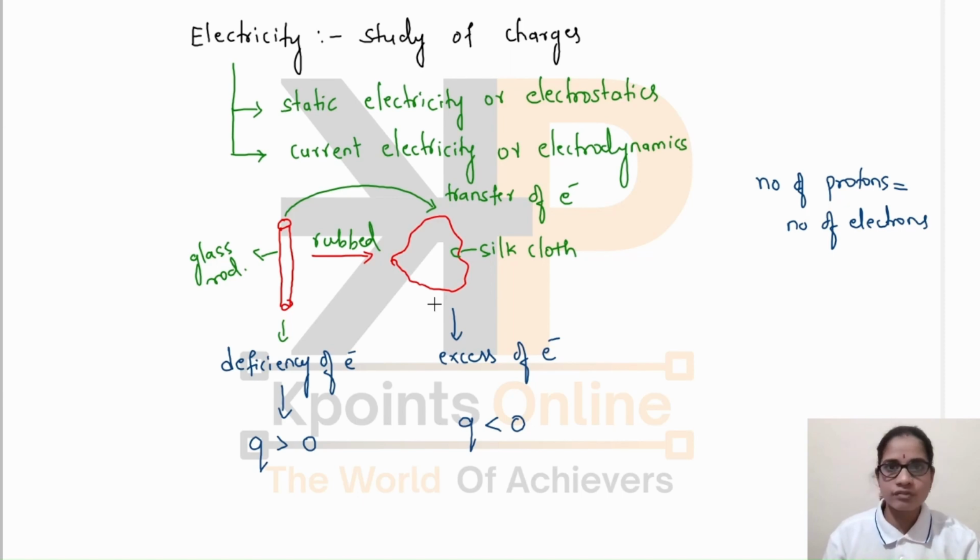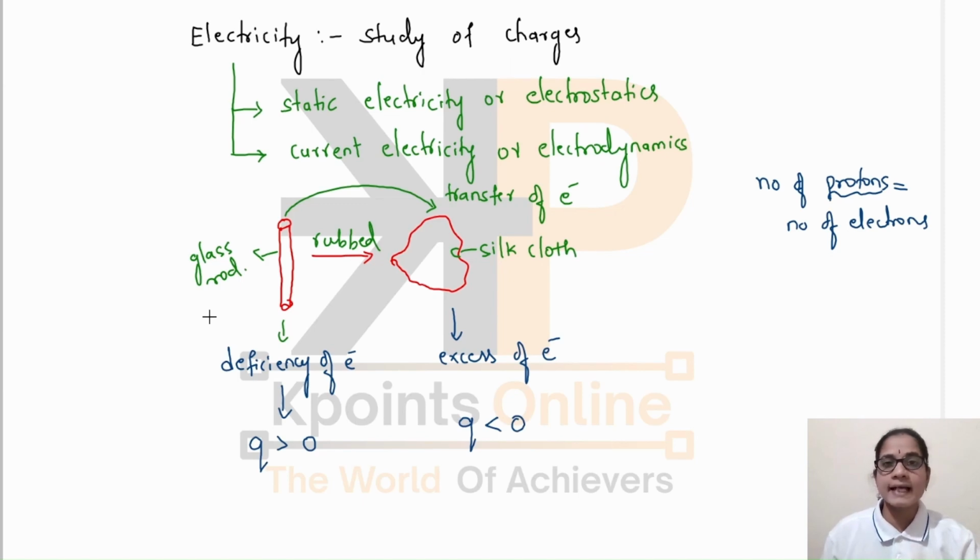There is deficiency of electrons, because of which the number of protons will be greater than the number of electrons, and so Q will be greater than 0. It will be positive because the number of protons is greater when the electrons are removed. What happens when there is excess of electrons? Here the number of protons will be less than the number of electrons. We know that protons are positively charged particles and electrons are negatively charged particles. As there is excess of electrons, Q will be less than 0.